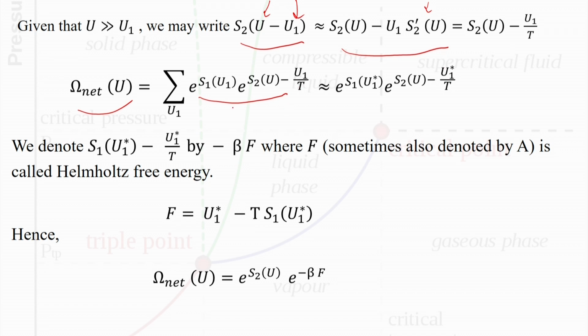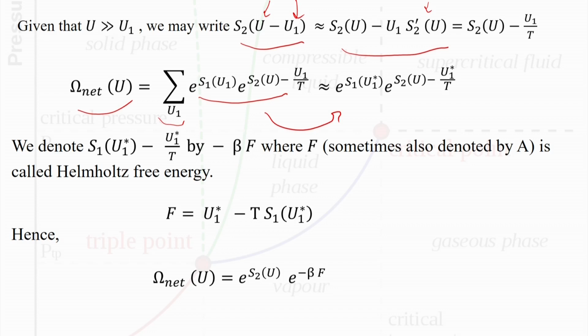I am going to show you later that it is legitimate to completely ignore the fluctuations around the most probable state. What I have done here is simply equate U1 to its most probable value. The question is, what gives me the right to do that, because after all there is a summation over U1.